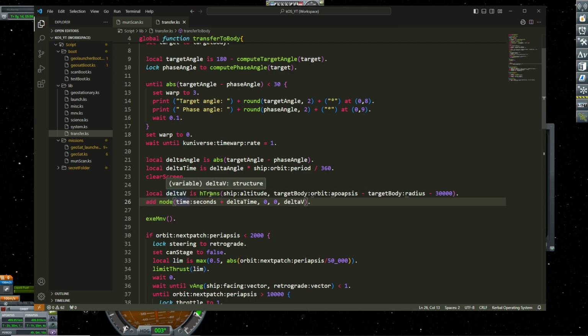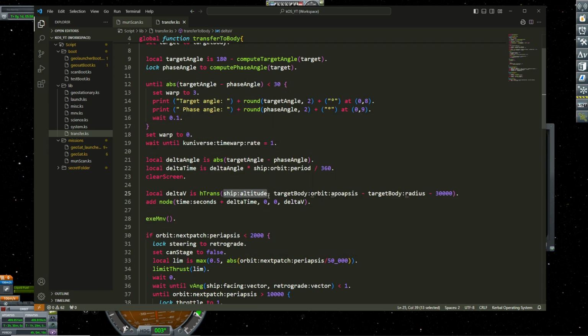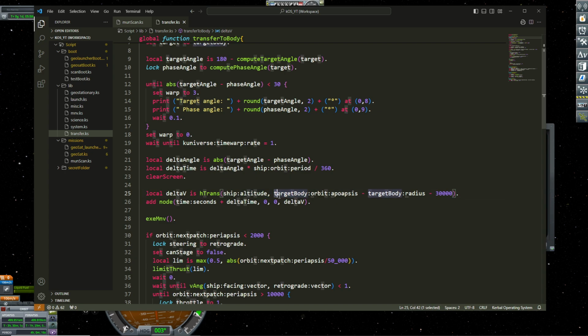The delta V is computed with my Hohmann transfer because I want to start at the ship altitude, and I want to go to the semi-major axis of the moon, because this is a circular orbit. The moon has a circular orbit, so I can just check for the semi-major axis.